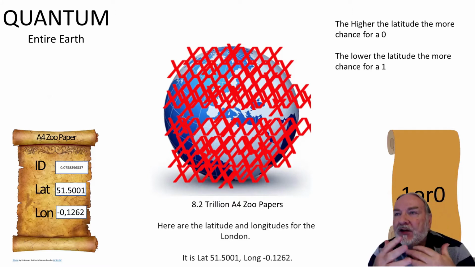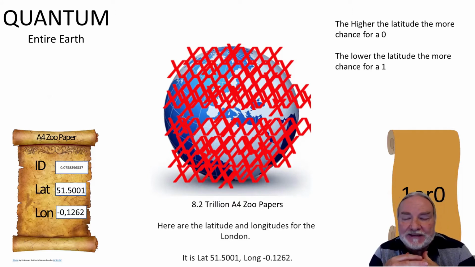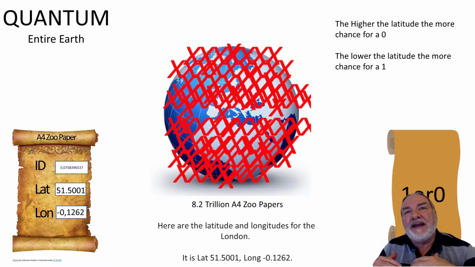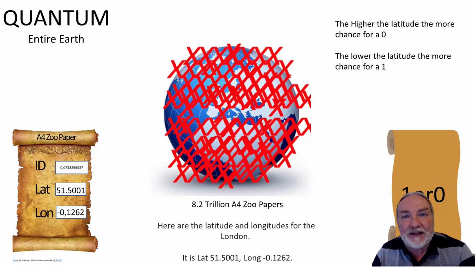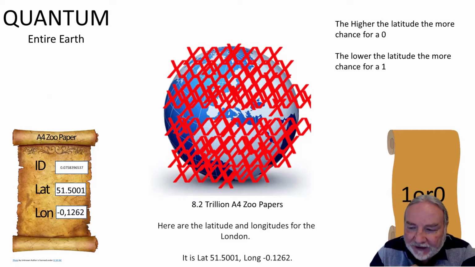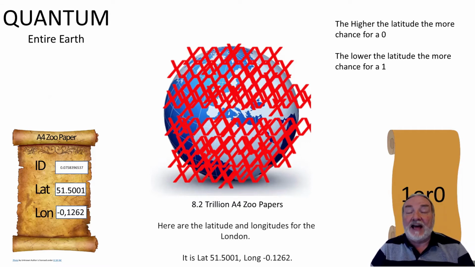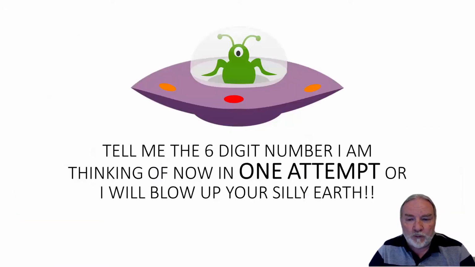Because remember, when you collapse or measure a qubit, it goes to 1 or 0. That's just the way it is. And if the zoo paper is in the southern hemisphere, then it's got a greater probability of going to 1. You mightn't think that is that important, but I'll prove to you that it is.